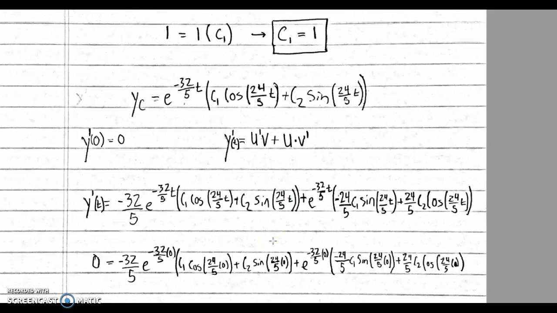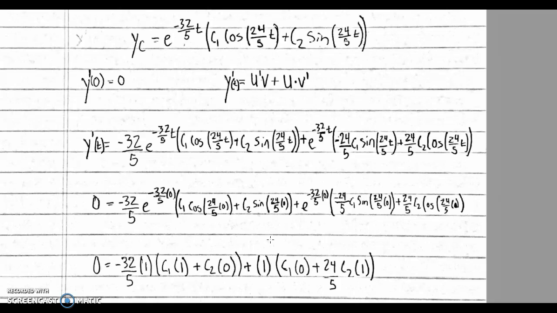Our next step is taking the derivative of our y sub c equation so we can apply our next initial condition where y prime of 0 is equal to 0. So to take the derivative of this equation, we'll use the product rule, u prime times v plus u times v prime.